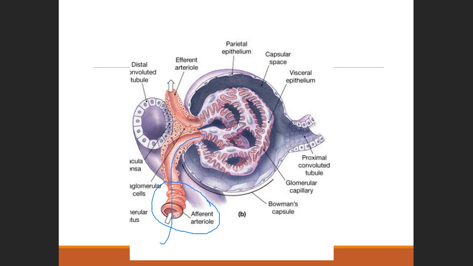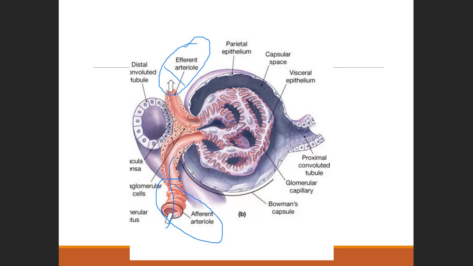But in this case, just increasing the flow is not going to be good enough. We need a pressure to push that fluid across the capillary wall. Otherwise, we're just going to see blood go in through the afferent arteriole and out through the efferent. So now that we've restored blood flow to the glomerulus by dilating our afferent arteriole, now we're going to constrict the efferent arteriole.